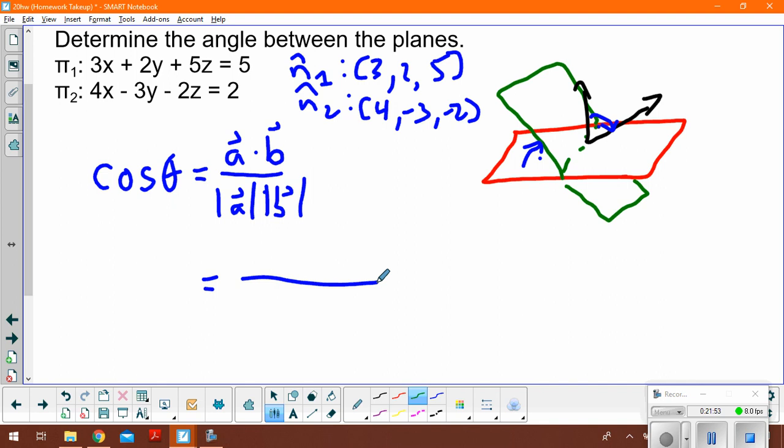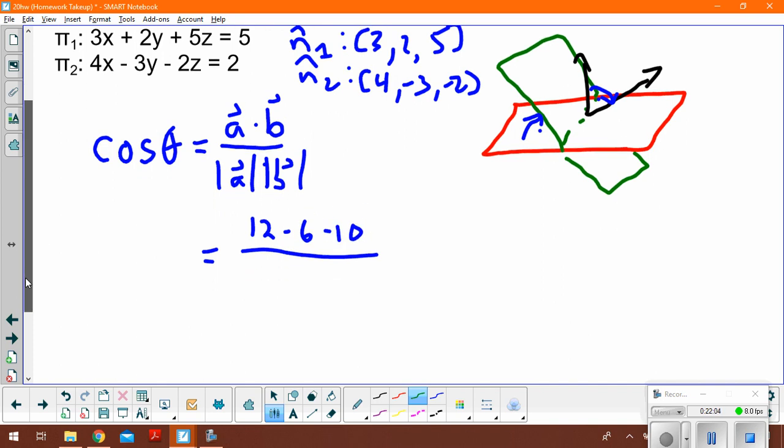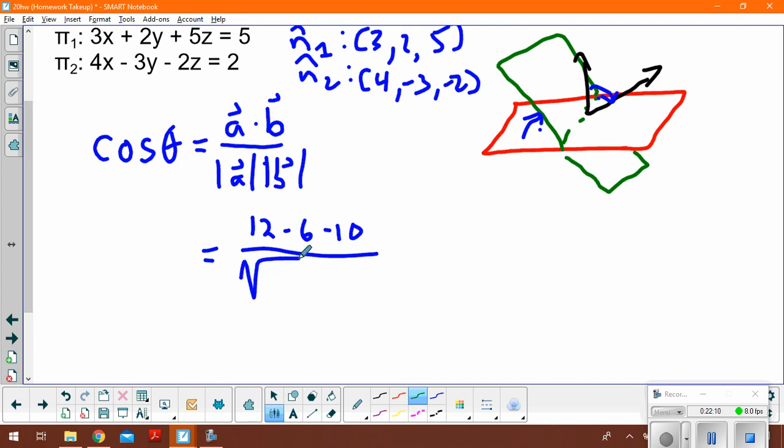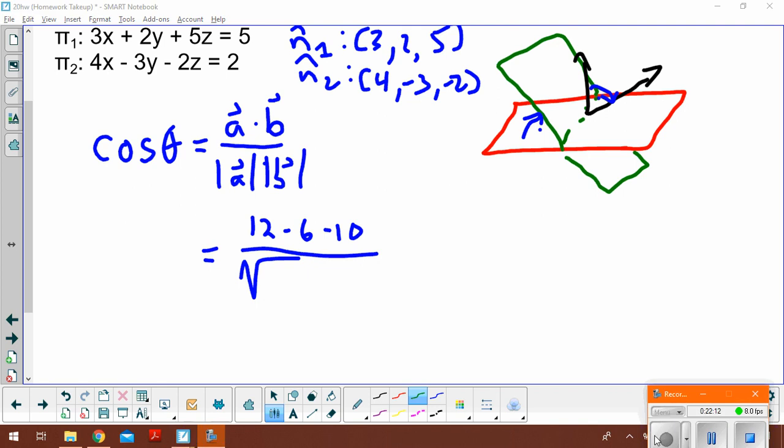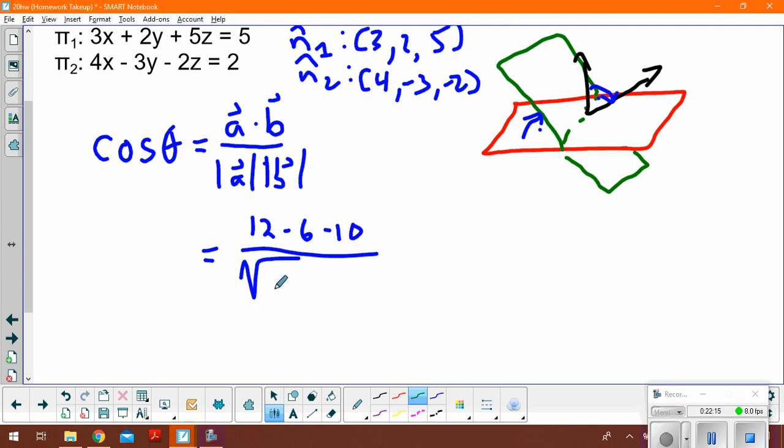Okay, so the dot product of those two things is going to be 12, take away 6, take away 10. And the magnitudes of the two vectors, let's see here, the square root of 38 and the square root of 29.